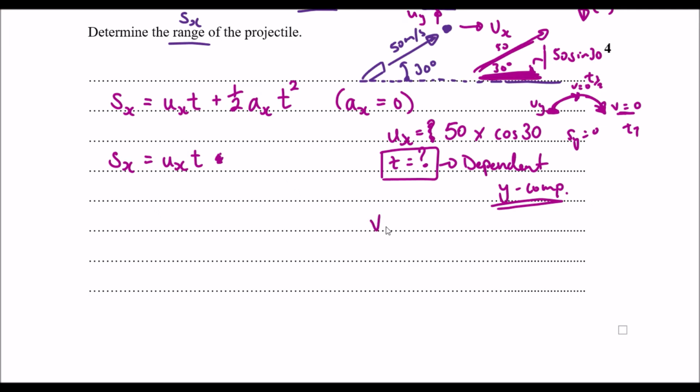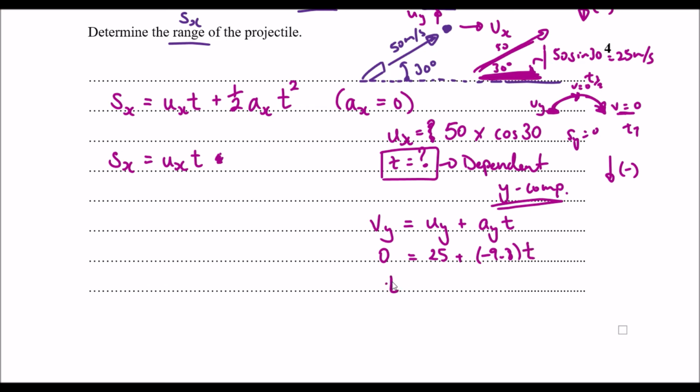So let's use this formula: Vy equals uy plus ayt. We're going to say that Vy is 0 because we're reaching peak height. We know that uy is 50 sine 30, which is actually 25 meters per second. Ay represents the acceleration of gravity, and that's negative 9.8 because we're saying that going down is the negative direction.